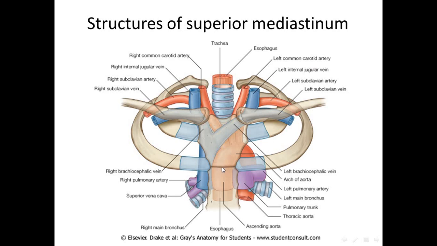This is the angle of Louis, which is the lower border of the manubrium sterni, and this is the thoracic inlet. So within this space is the superior mediastinum. It includes all of these structures that we see here, which are overlapping with the thoracic cage: these great blood vessels, the trachea, the esophagus, and some other nerves and the thoracic duct, which are not shown here.